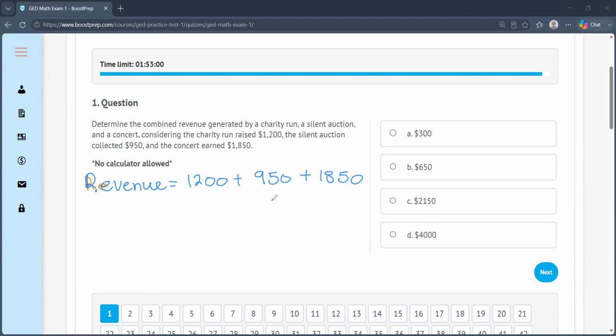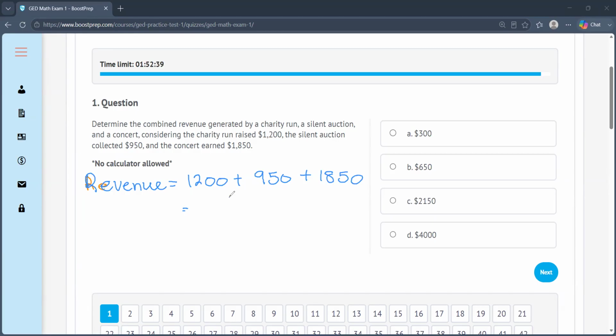Okay. So the good news is there are no decimals, so you don't have to line up the decimals like the other one. You just put the larger one on the top.